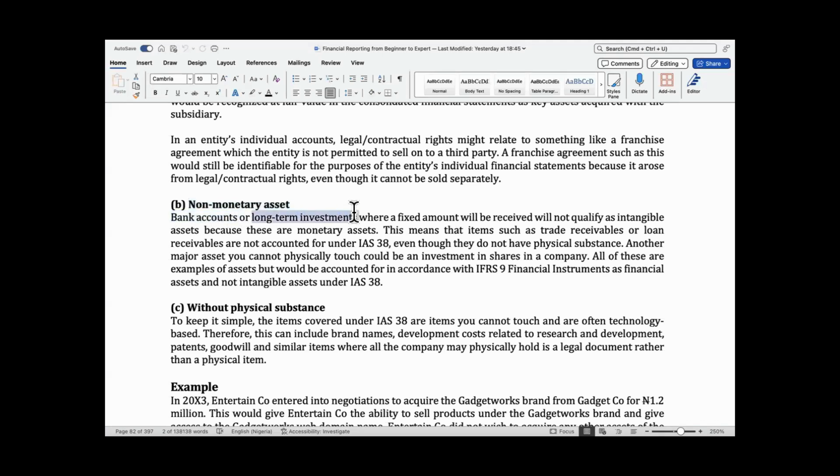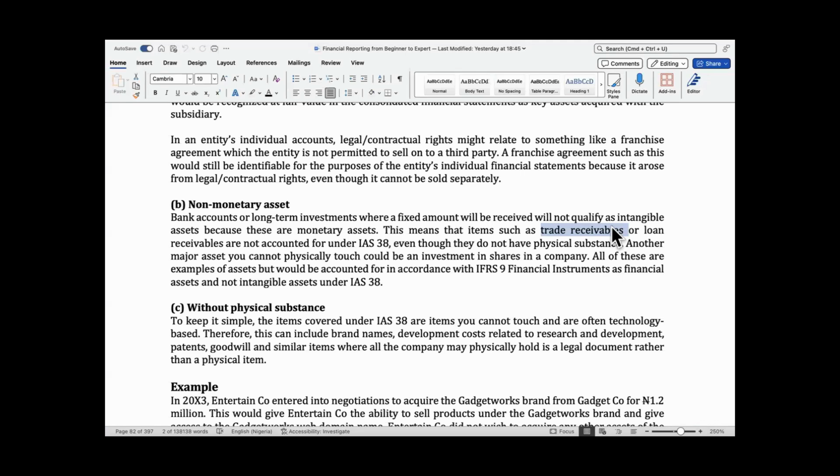Like your long-term investments, you know how much you're getting back. Like your trade receivables, these are monetary assets. You know how much you're getting back. They are assets where you're going to get a fixed amount of money, or your loan receivable. These are monetary assets.